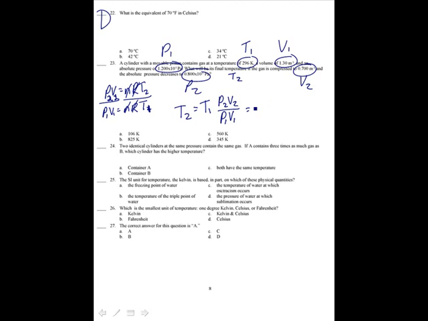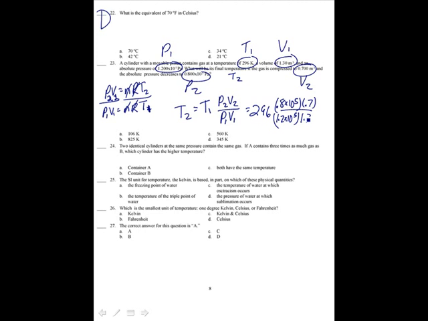So just putting in my values, 296, P2 is 0.8 times 10 to the 5th, V2 was 0.7 cubic meters, over P1 is 1.2 times 10 to the 5th times V1, which is 1.3.